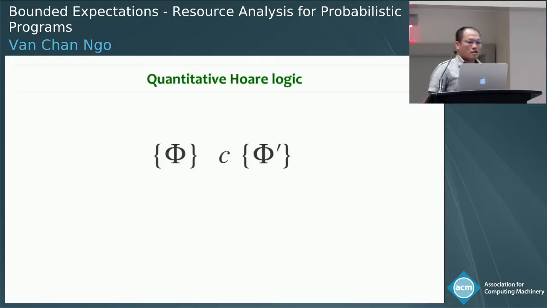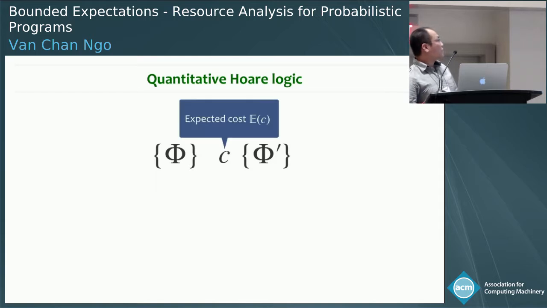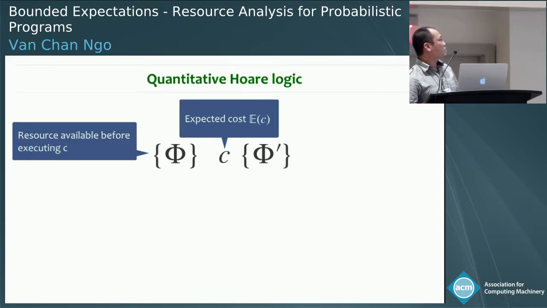So it turns out that we can use a whole tuple to represent the relationship between potential functions. Here, phi is the result available before executing the command C. C can be a deterministic command or a probabilistic command.